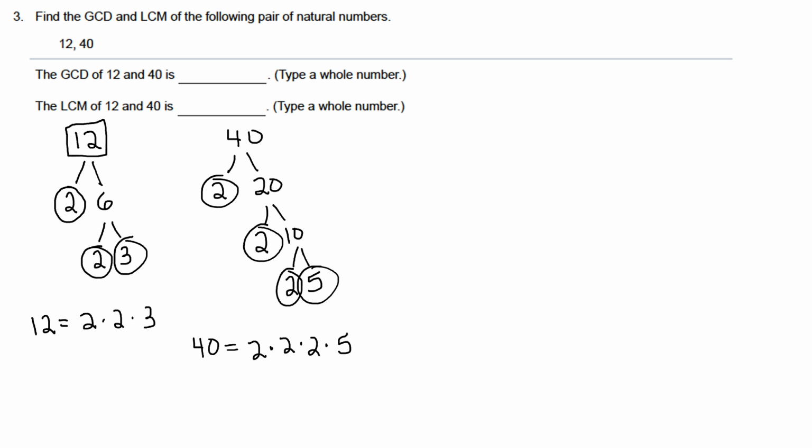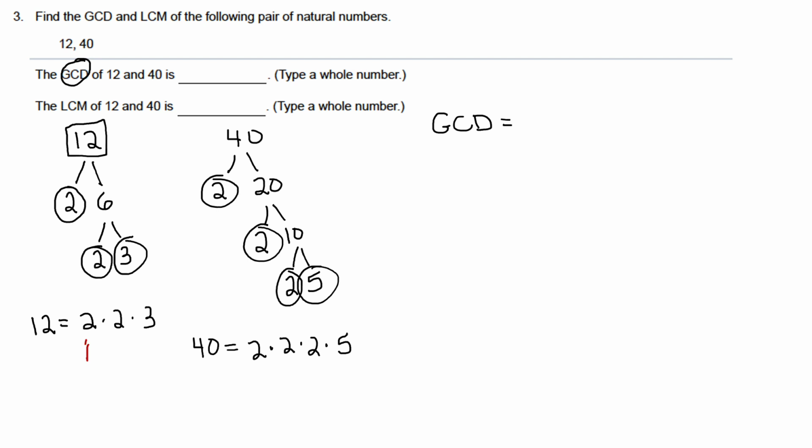Now that we've factored each number into the set of prime numbers, we can find the GCD. To find the GCD, we want to write down all the factors that they have in common. So let's look at the factors of 12.